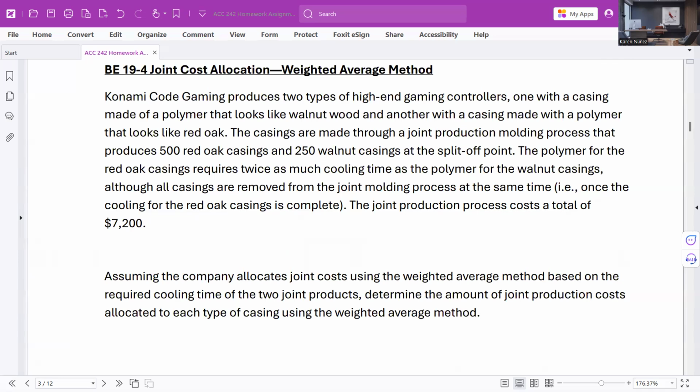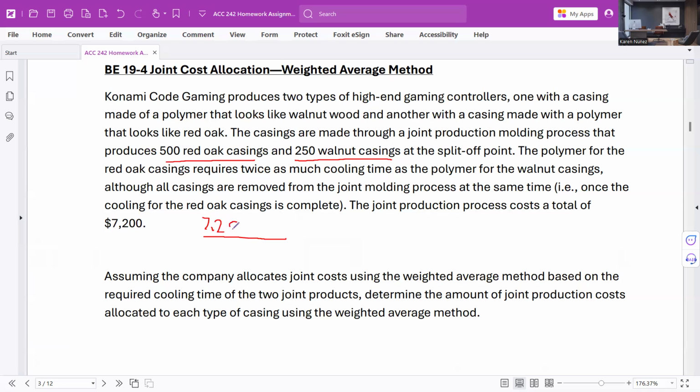So in this case, we have two products again. We have this molding process that produces 500 of the red oak casings and 250 of the walnut casings. At the split off point, that's what they get. So essentially, we've got this joint process that cost us $7,200.